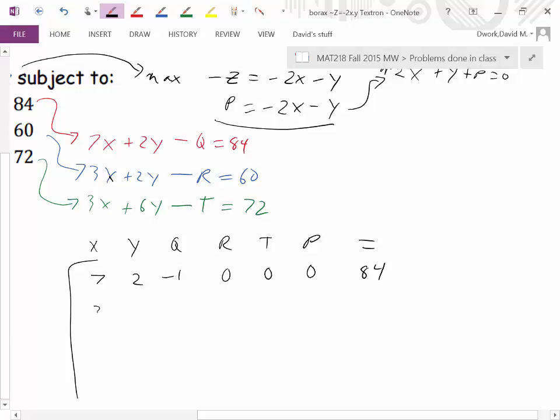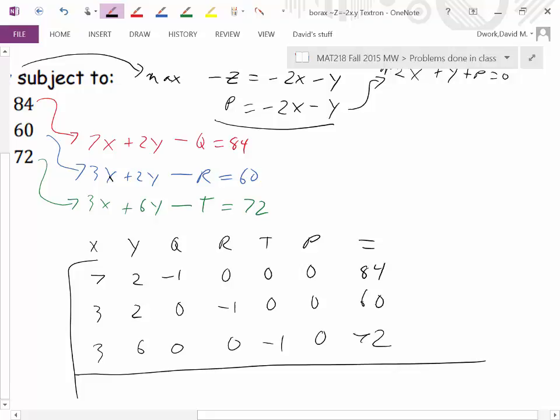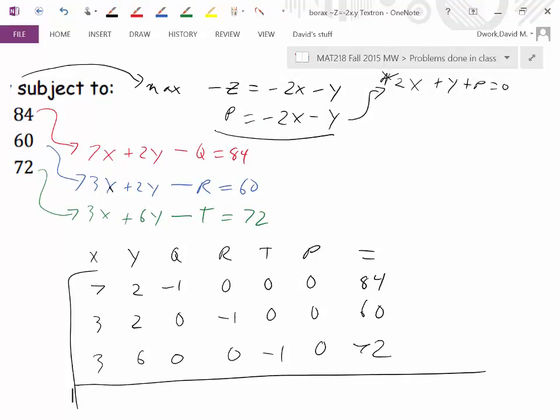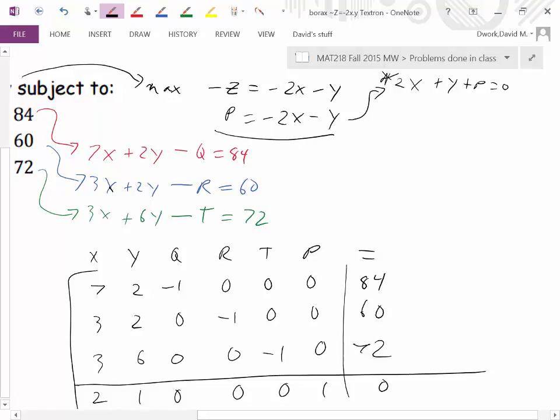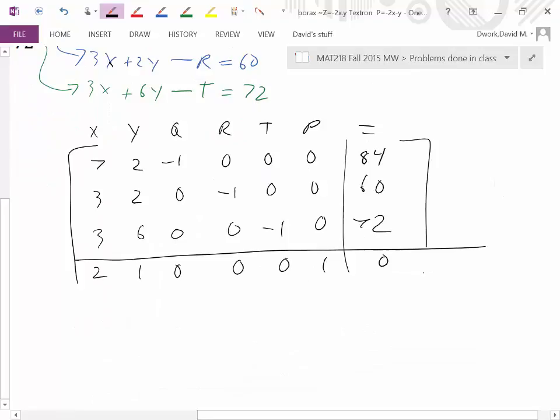My next equation would be 3, 2, 0, -1, 0, 0, 60. Then we've got 3, 6, 0, 0, -1, 0, 72. And our objective always goes on the bottom. And that is 2, 1, 0, 0, 0, 1, 0. Okay, so here we go. We're ready to start doing our problem.